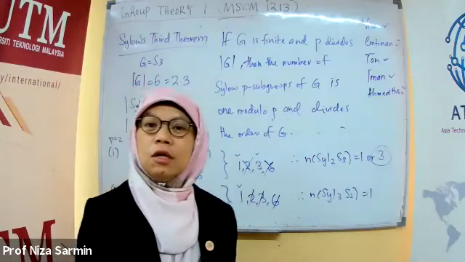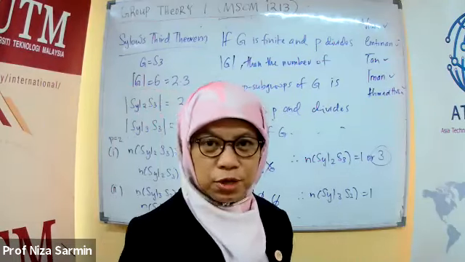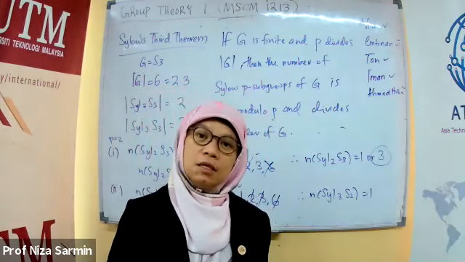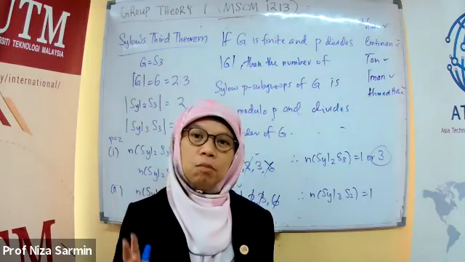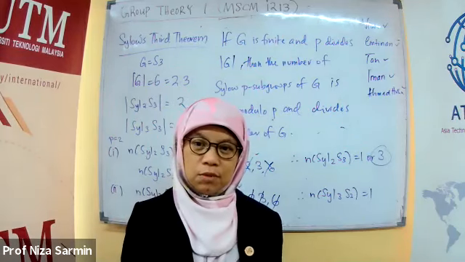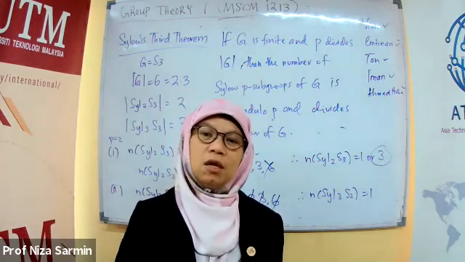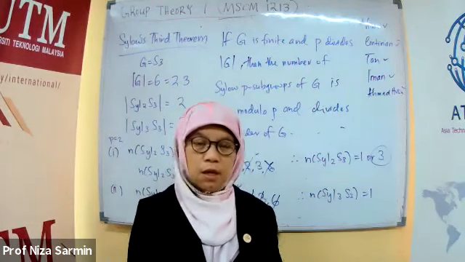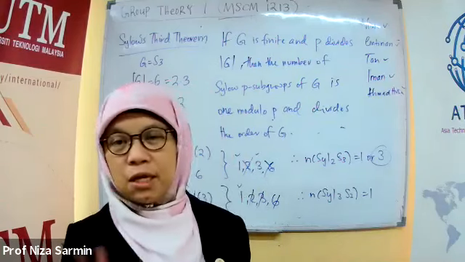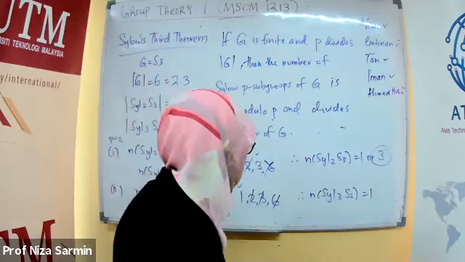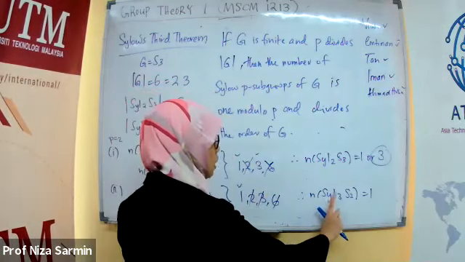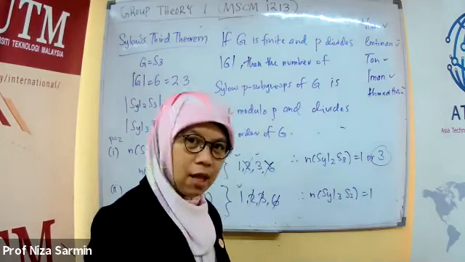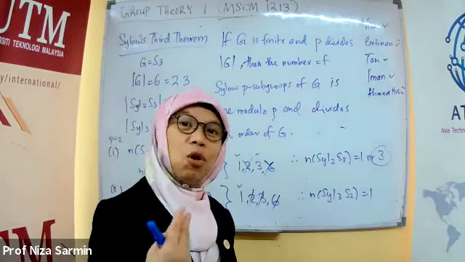Before, I mentioned simple group, right? A group is simple if it has no proper normal subgroup. There is a corollary that says that if the number of Sylow P subgroups is 1, then the Sylow P subgroup is normal in the group.